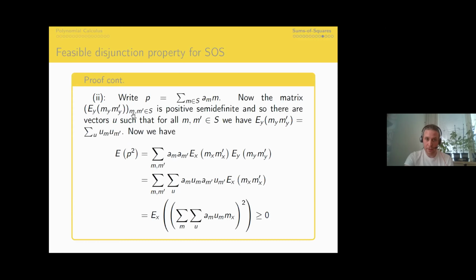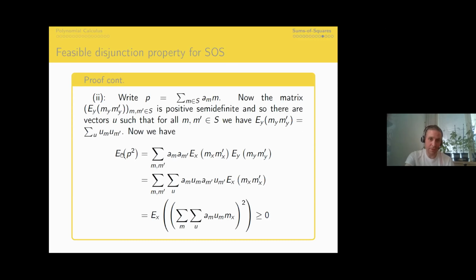Now, because this E y has the property that it maps any square to a non-negative value, this matrix is positive semi-definite, and so there are some vectors u such that these values can be expressed as a sum over u's of u_m times u_m prime.